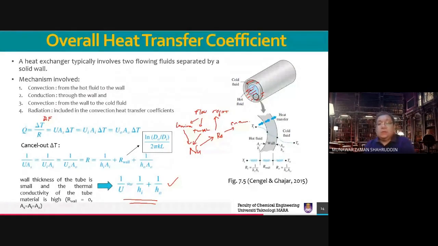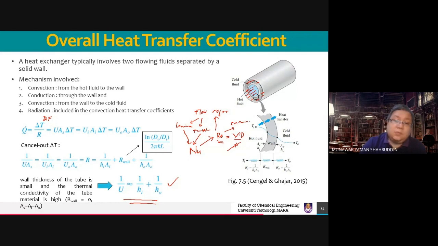So in order for you to get this Reynolds number, Reynolds number for cylinder ni is basically Vd over nu, V ni is velocity ya. So in order for you to assess this, yang ni dah ada dah.